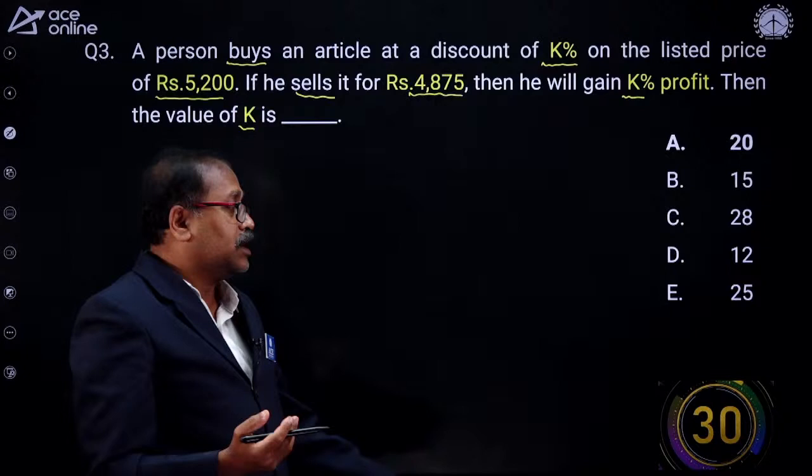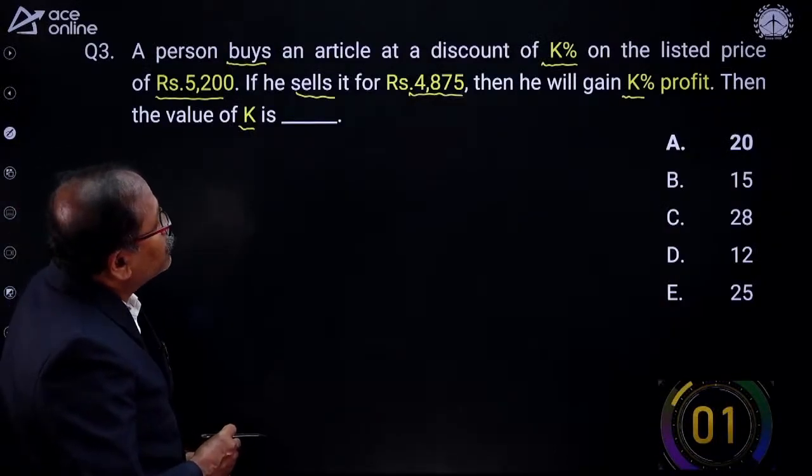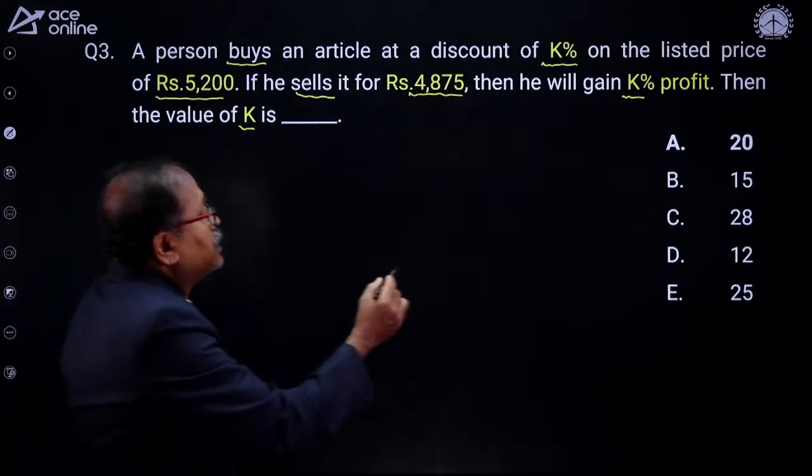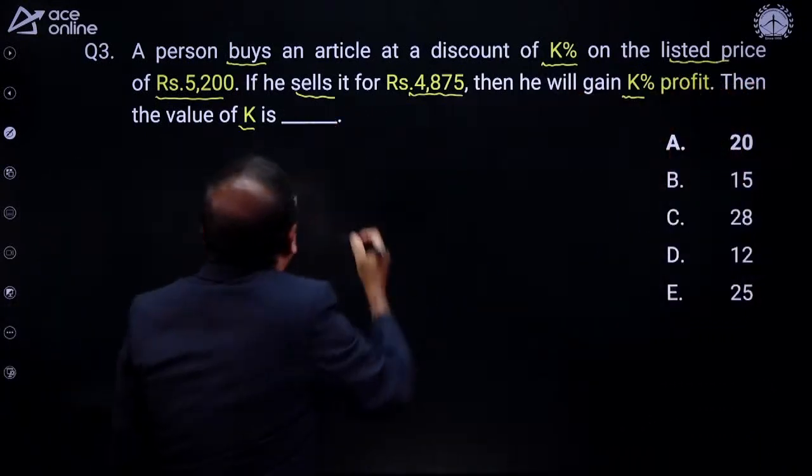This is the cost he bought it at after getting a discount of K%. A person bought an article at a discount of K% on the listed price. So this is the listed price, the mark price.